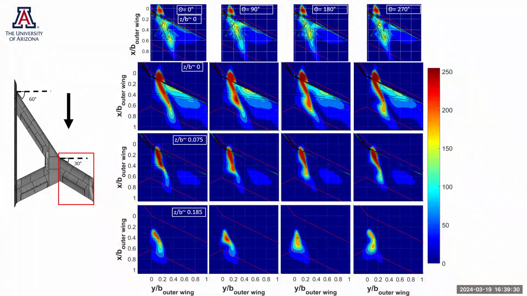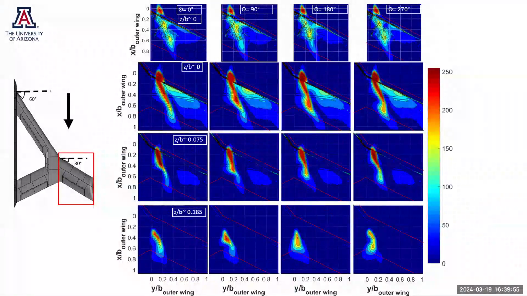The top row is the result closest to the wing, and as you progress down the rows, we are going further away from the wing. You can see that the development of this flow is three-dimensional in nature. There are two branches, one going streamwise and one going spanwise. And for the top row, at least, you can see the evolution of the structure over the outer wing.